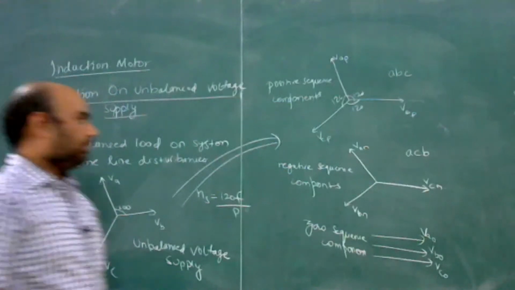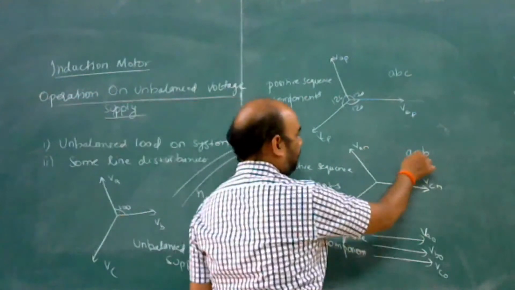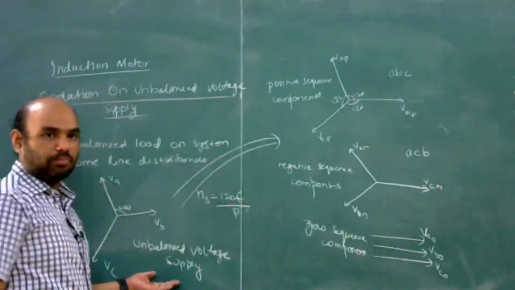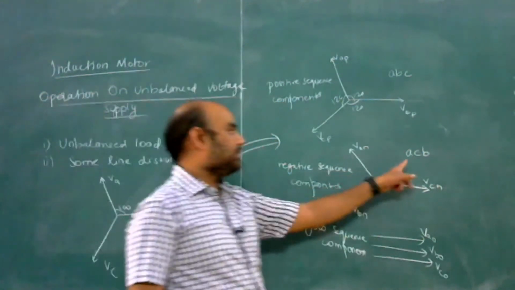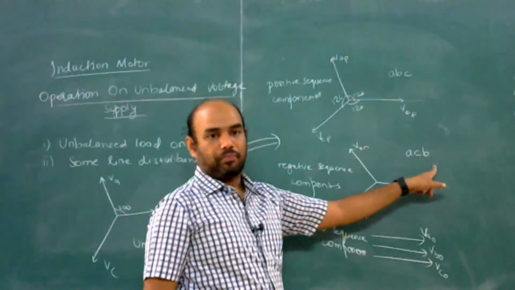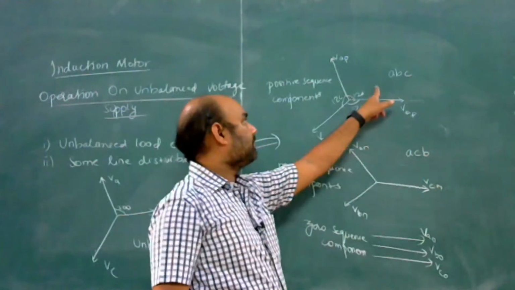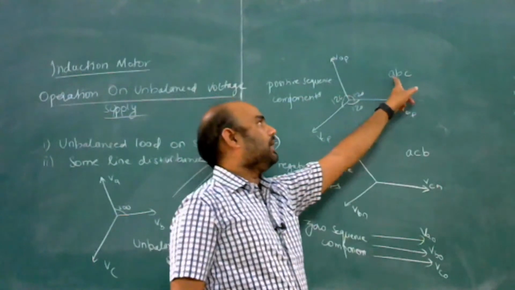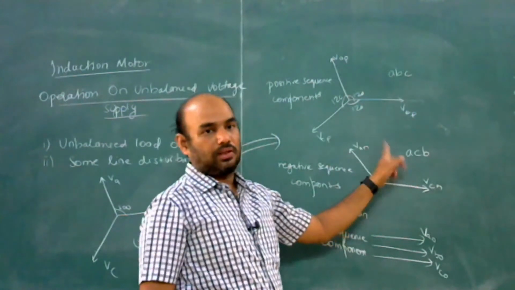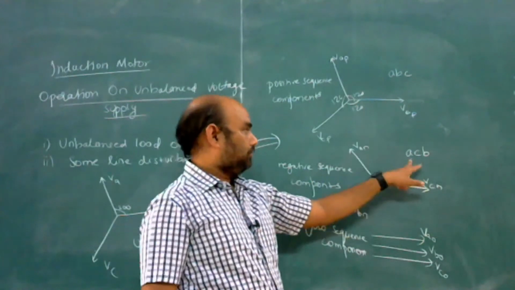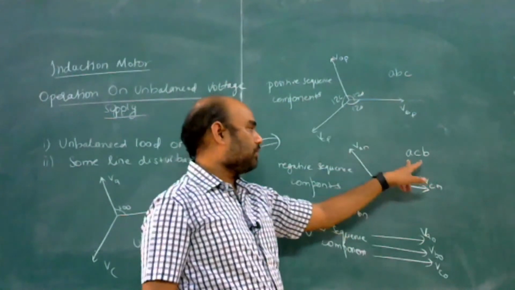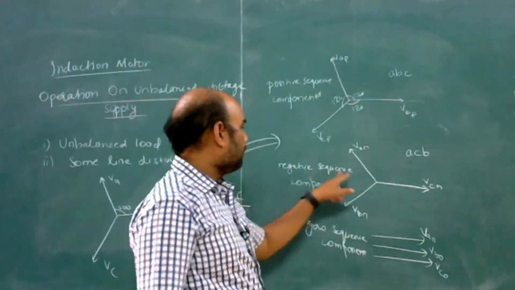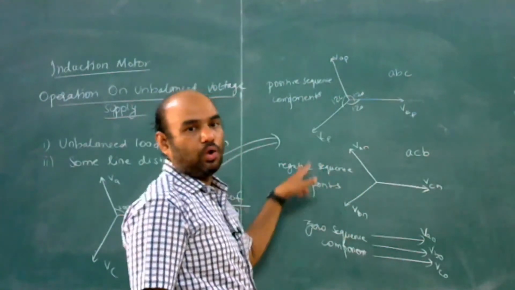So it has a different phase sequence with respect to the unbalanced voltage supply. Its phase sequence is ACB, whereas the voltage supply is ABC, and hence this is reverse phase sequence, or negative phase sequence. That's why it is known as the negative sequence component of the voltage.